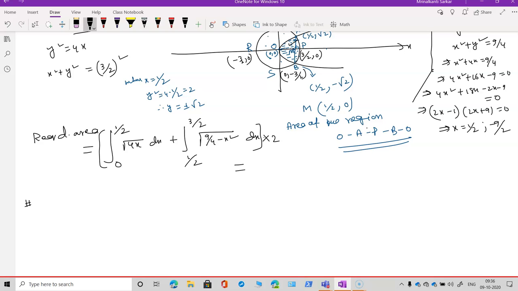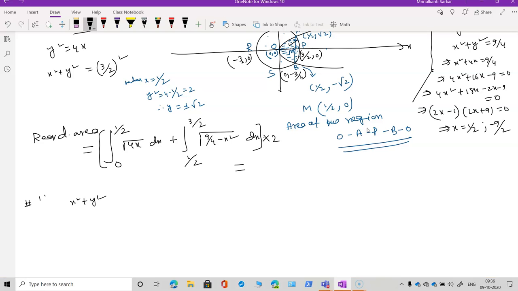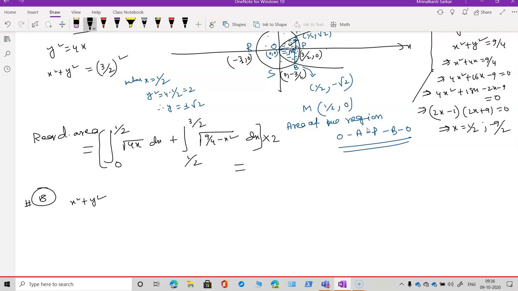Next I am going to discuss with you this: area of the circle exterior to the parabola. This is similar to the previous one. This is sum number 18 from the textbook. x square plus y square equal to 16 and exterior to the parabola y square equal to 6x.